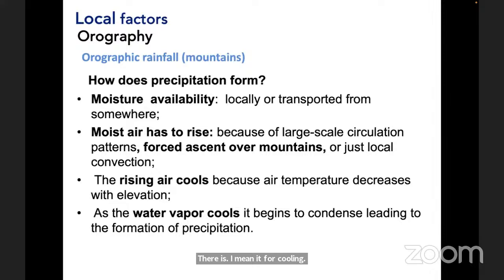So ascent is very important because temperature decreases as we go up. When the air with the moisture rises up, it starts cooling down, and then the water vapor will condense into small droplets, and those droplets come together and become raindrops and come down as rain.